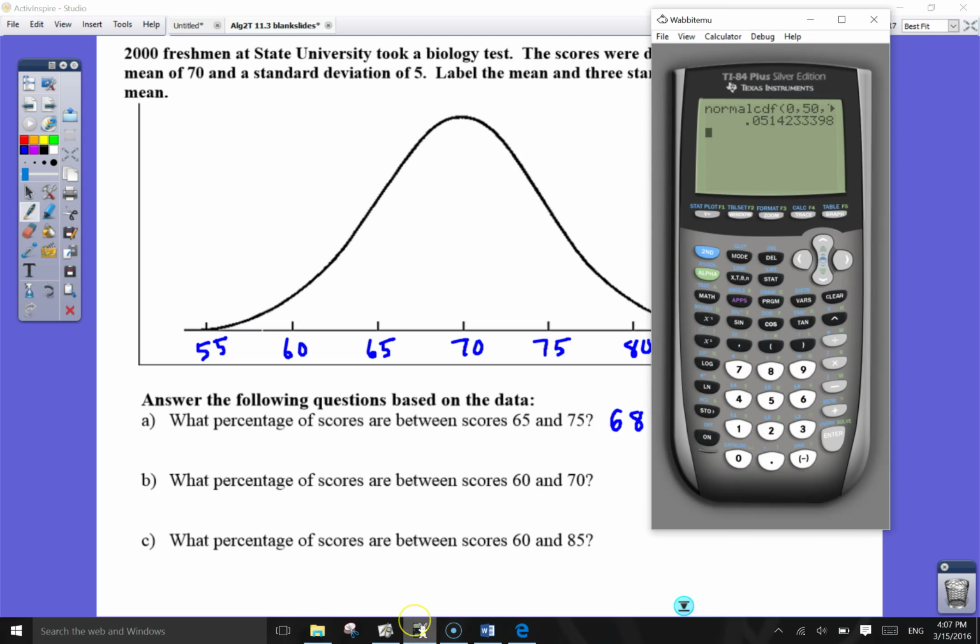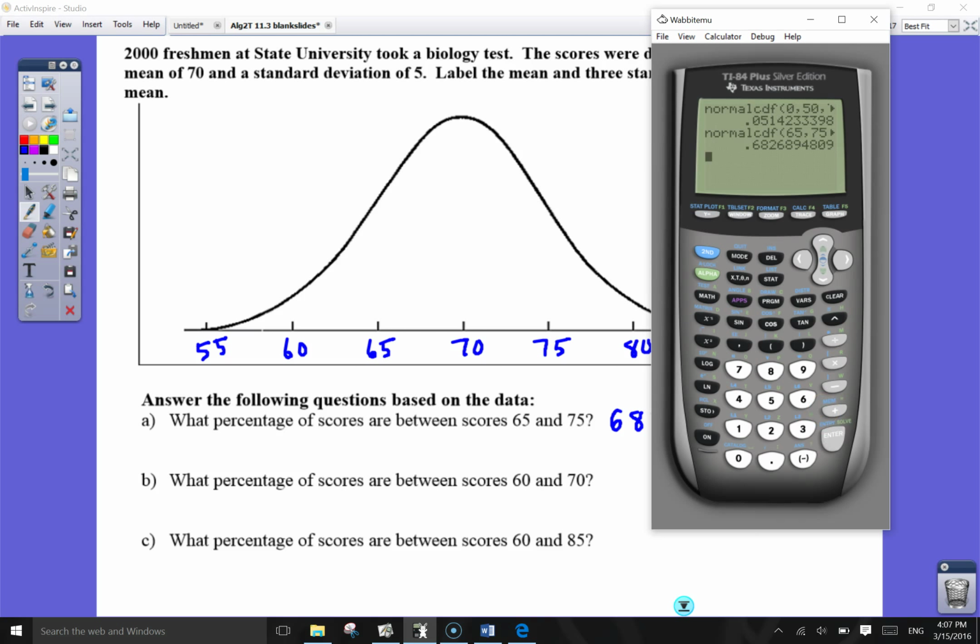Second distribution, if I said 65, enter, 75, enter, 70, enter, and 5, it ought to give me something close to 68%, and it does, 0.6826, so 68%.